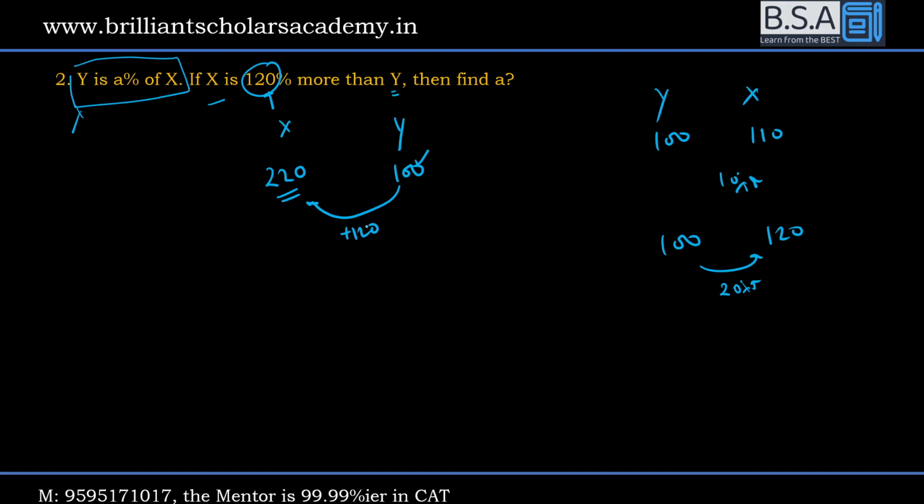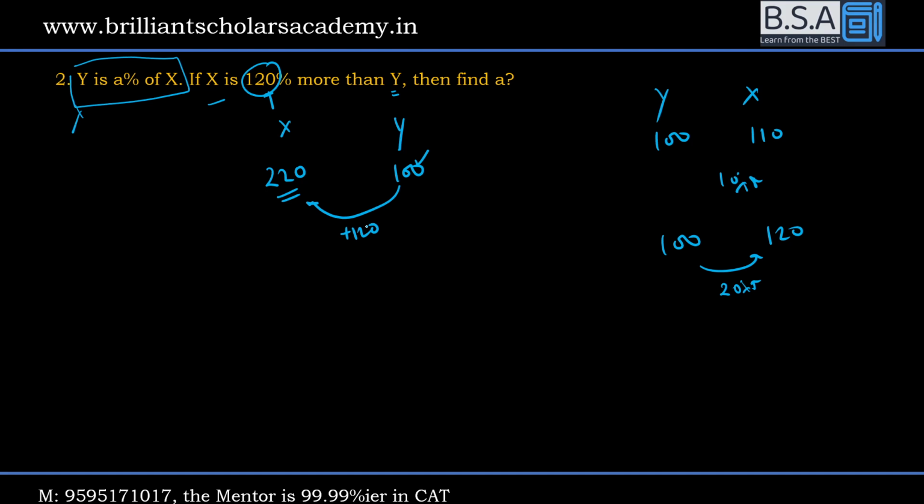So X is 220, Y is 100. The question is, Y is how many percentage of X? So Y is equal to 100. This is what the question is trying to ask you. Calculate Y upon X into 100.